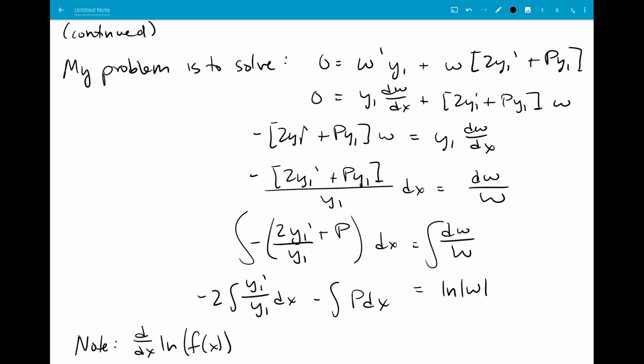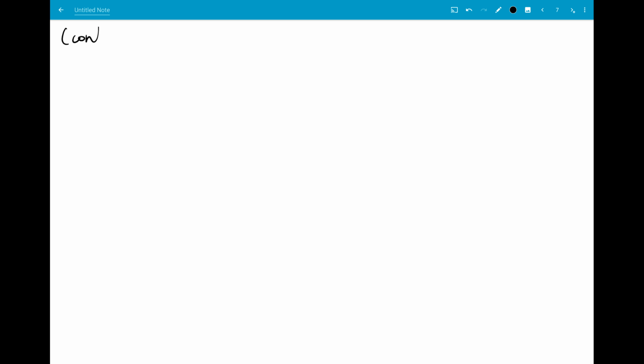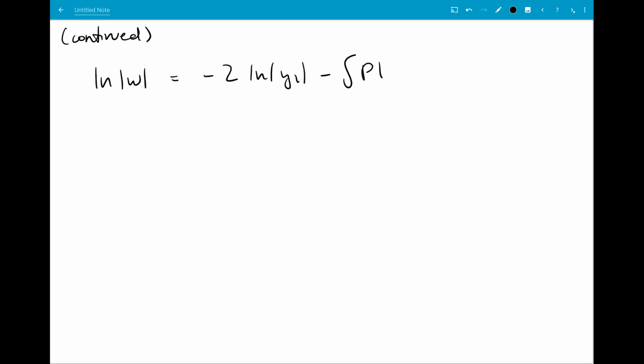If you are trying to take the derivative of the natural log of a function, then you would get 1 over the function times f prime of x by the chain rule. So we're going to go ahead and continue on. And we'll get the natural log of w is equal to minus 2 natural log of y1 from that first part, minus the integral of p dx. Since we don't know what p is right now, we can't really solve that, plus c.